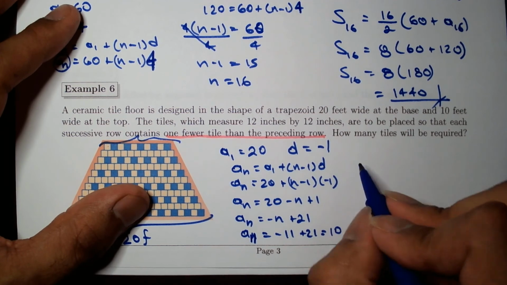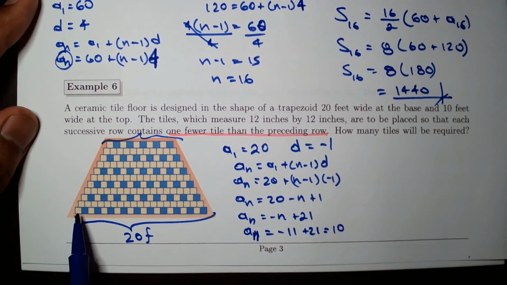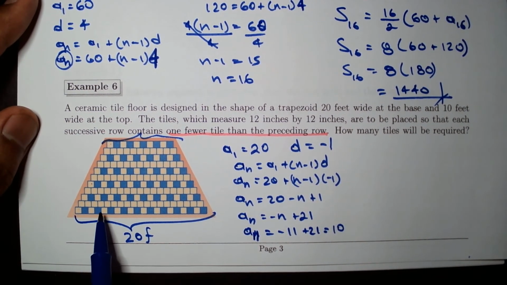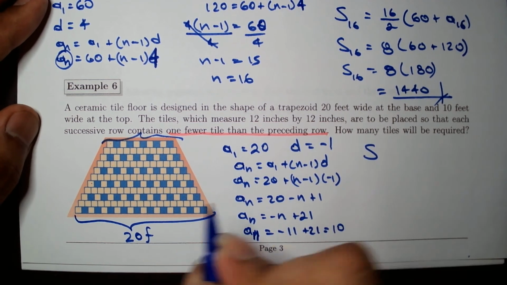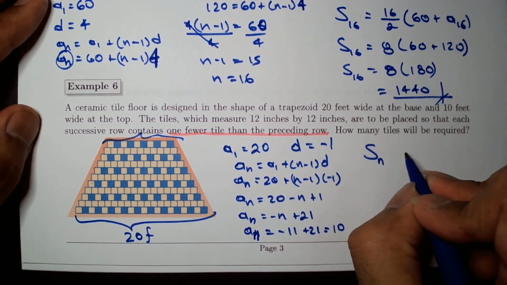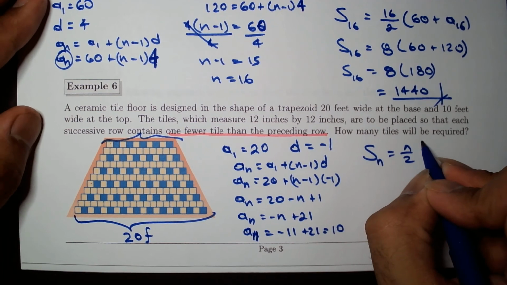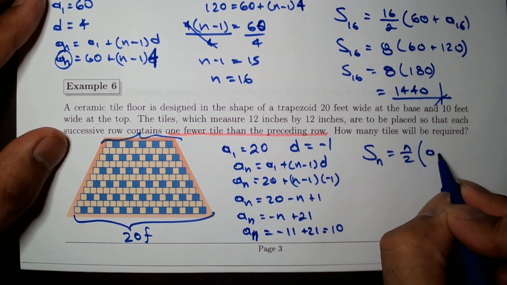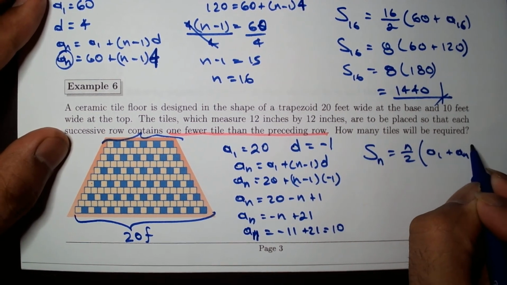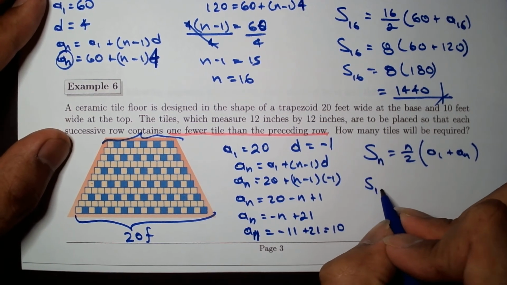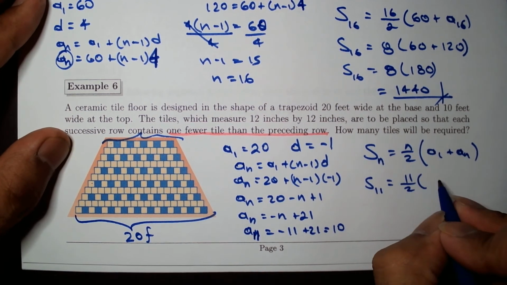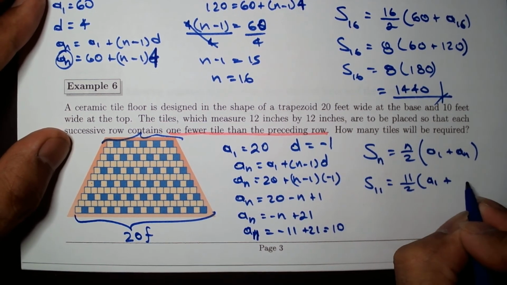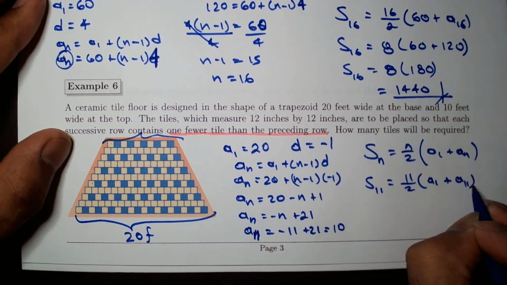All right. Now I need to, without counting them all, 1, 2, 3, 4, 5, 6, 7, 8. Well, of course, we're not going to count all of them like this. We're going to use the sum of the arithmetic sequence, s sub n equals n over 2 times a sub 1 plus a sub n. In this case, s sub 11 is going to be 11 over 2 times the first term plus the 11th term.